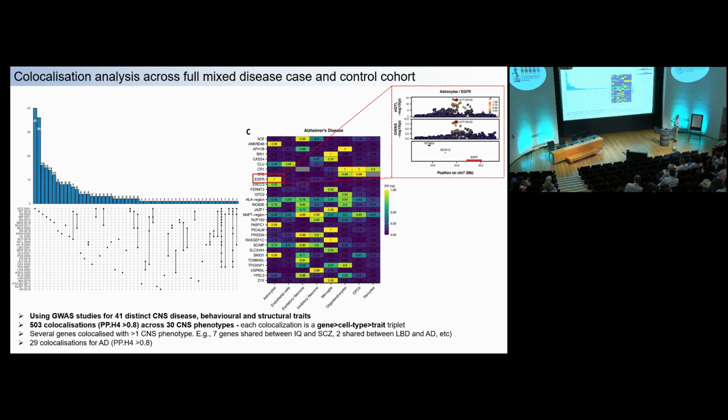EGFR is another one here that was co-localized solely within astrocytes. And you can see here that the SNP maximally associated with the expression of EGFR in astrocytes is the same lead, genome-wide significant SNP conferring risk to Alzheimer's disease at that locus.